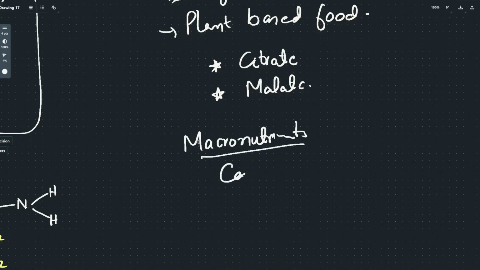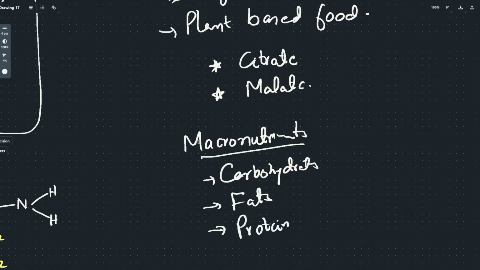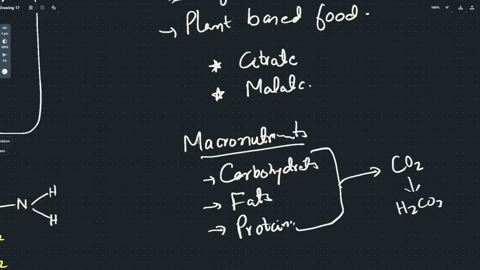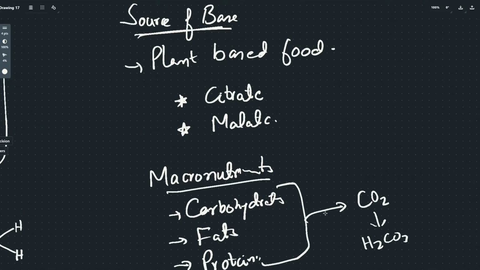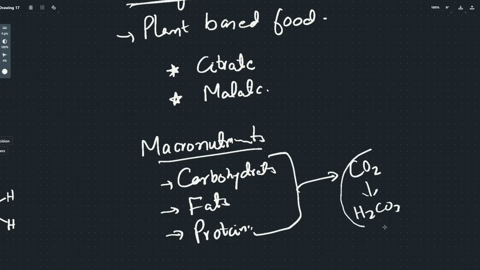The carbohydrates, which are very high in our foods, the fats and proteins, all these are high in our diet, and they ultimately convert into CO2. They form lots of CO2, which forms H2CO3, which is a volatile acid. Even if you eat plant based food, you are still producing CO2 and H2CO3, which are acids.